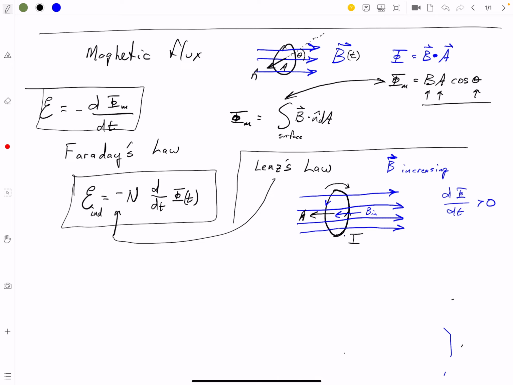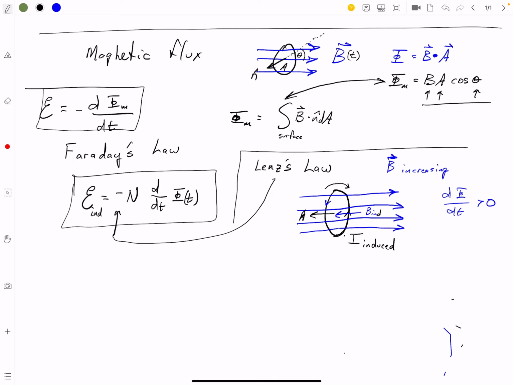And that current has been induced, and it's doing it such that it's opposing the increasing B field. Okay, so induced has to be less, or it's sucking it away.